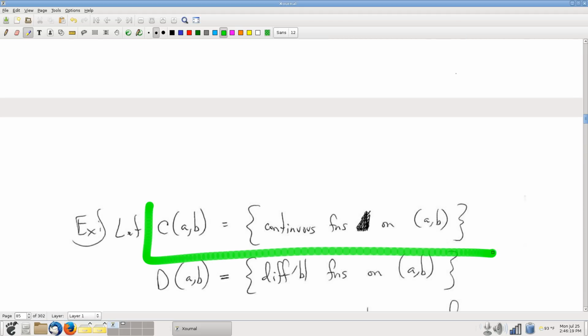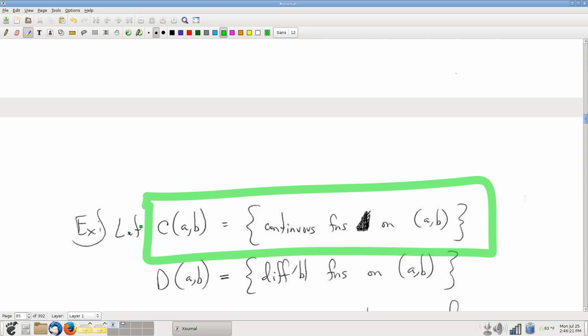The collection of all continuous functions on an interval from A to B. Well, this is clearly a subset of capital F, the collection of all functions on that interval. This set is just the ones that are continuous. And in order to decide if this is a subspace, we need to ask, is this closed under addition? Is this closed under scalar multiplication?